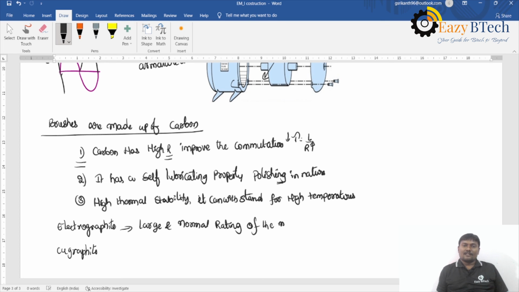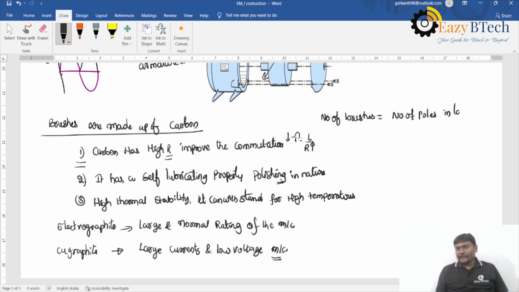Generally, brushes are made up of electrographite and copper graphite. Electrographite is used for large and normal rating of machines, and copper graphite is used for large currents and low voltage applications, low voltage machines.